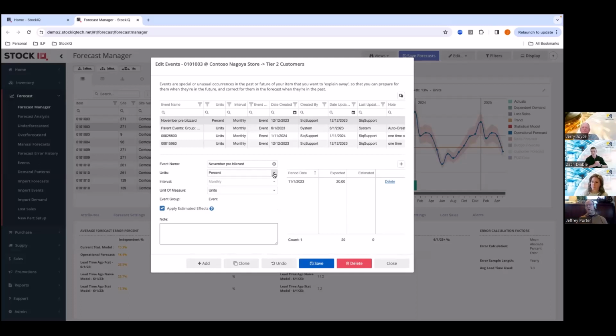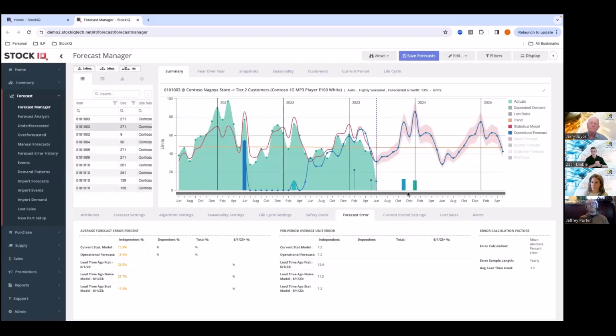Now, depending on the volumes that we're going through, that may be pretty significant in how we're overall planning. So this has been incorporated directly into that future. You will notice that the demand for that period is spiked up as well. So this is a way of collaborating, including information in on this particular SKU.